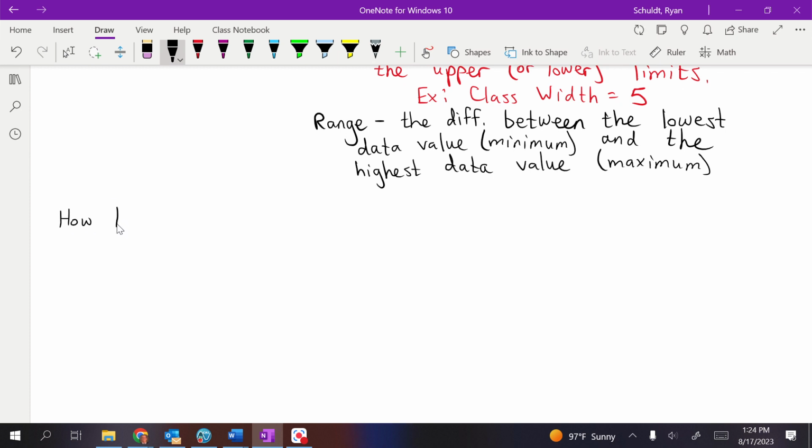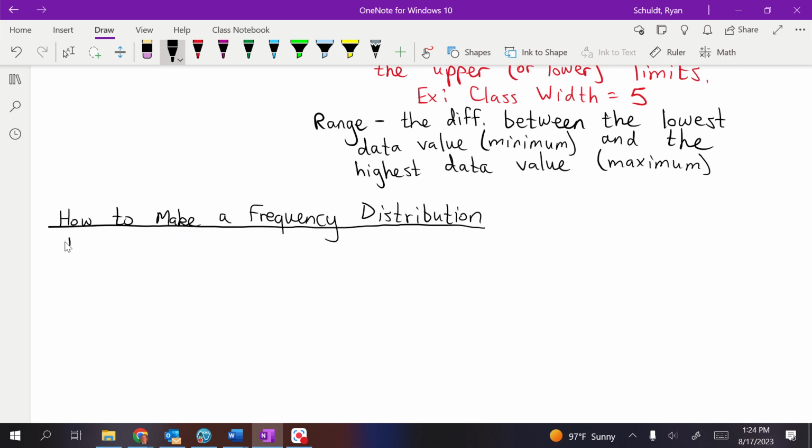How to make a frequency distribution. Step 1.